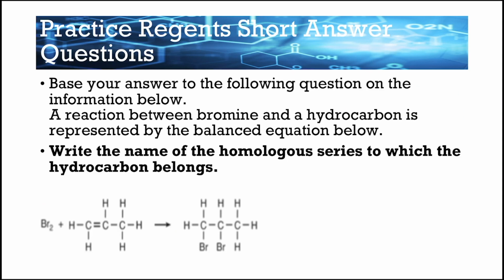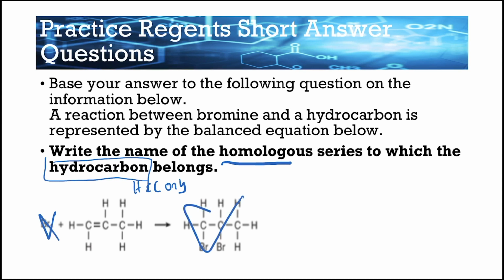more words, gives you a lovely reaction. And it says, write the name of the homologous series to which the hydrocarbon belongs. So in this formula, you'll see 3 different compounds, but it's asking you about the hydrocarbon. That's your key to look at a specific one. So remember, hydrocarbons have H and C only. So it can't be this one, and it can't be this one, because those two have Br's. So we need to look at this compound.